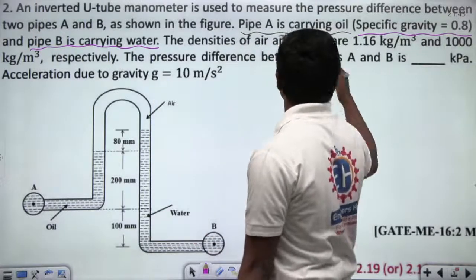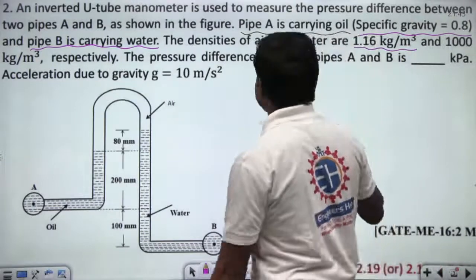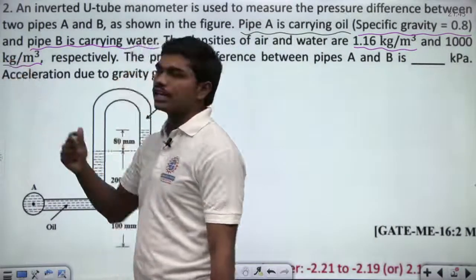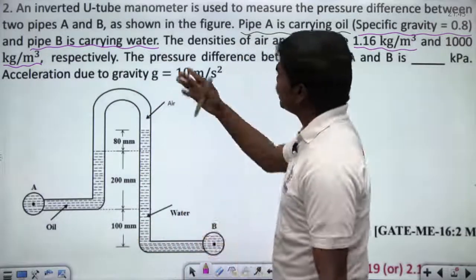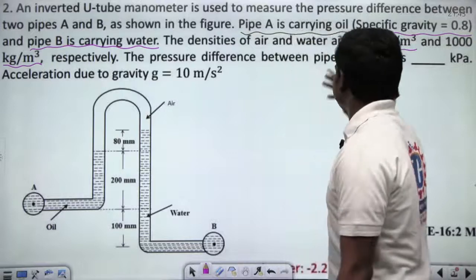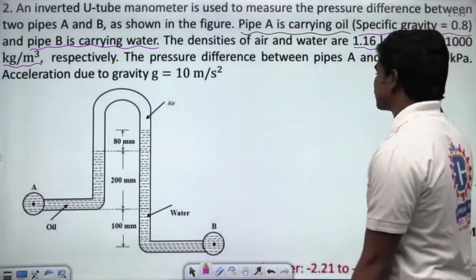The densities of air and water are 1.16 kg per meter cube and 1000 kg per meter cube, because in an inverted U-tube manometer you use pressurized air as the manometric fluid. The pressure difference between pipes A and B is dash kilopascals.